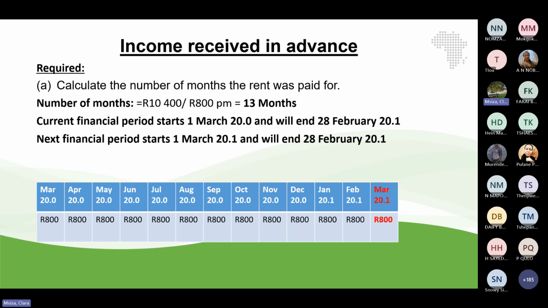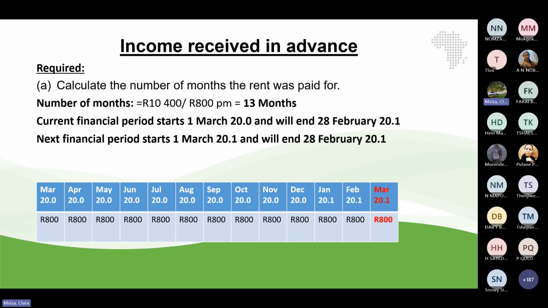As we have indicated before, this is how your current and next financial year looks, and this is how they calculated. Every month is 800. So now we need to adjust for this March rent, because it doesn't relate to this current year.